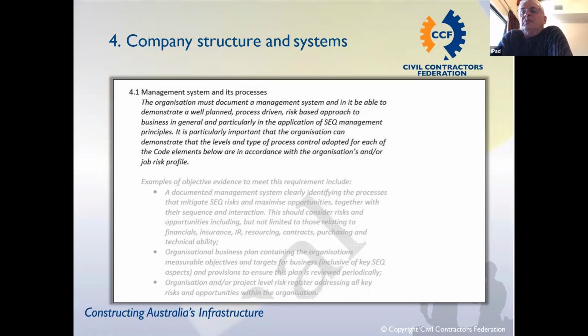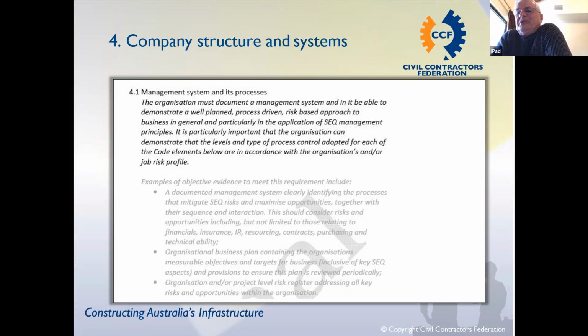So this is where it's important that you can define your management system. You can tell us how you've gone about determining all your risk in your business. And you can see some of the examples that are there, examples of that sort of evidence that we as auditors would be looking at.